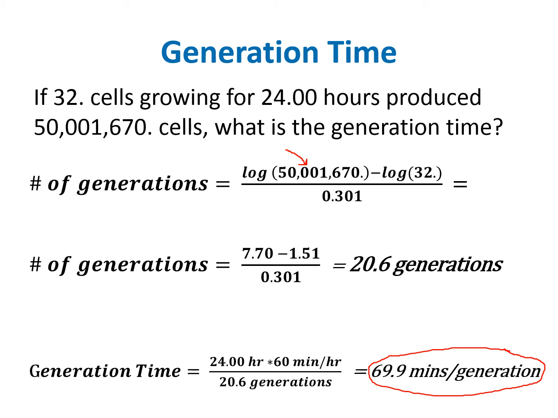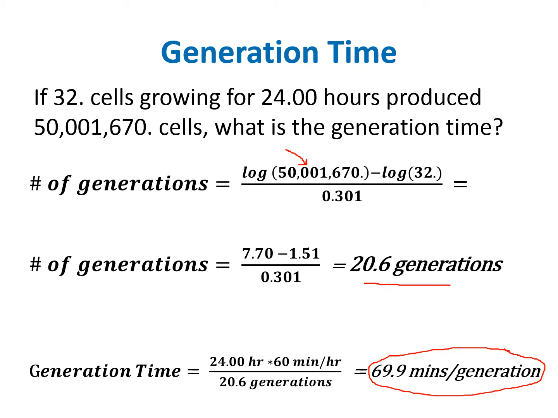Then divide that by 0.301. So when I put the log of 50,001,670 in my calculator, I get 70.70. When I put the log of 32 in my calculator, I get 1.51. So I subtracted those two numbers and divided by 0.301. That gave me 20.6 generations.